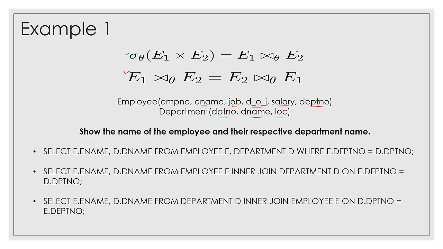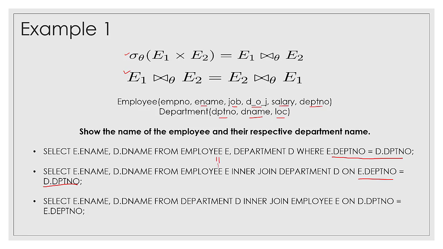Now in the first one we are going for the cross product and selection on this condition. This is my theta. In the second one we are going for the theta join approach. This is my theta. So as we know from this equivalence expression, we can say that these two are equivalent.